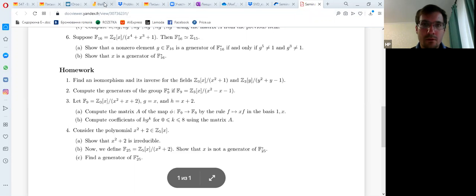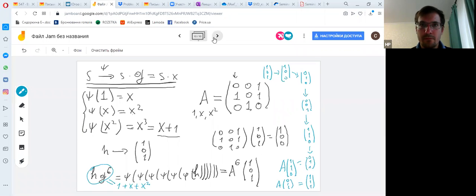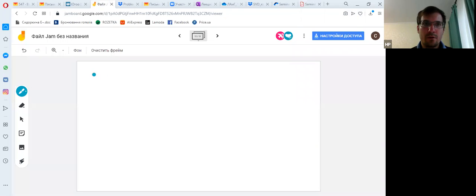Let me give an idea. You have F16, and you have F16 with star. This is the group of all non-zero elements with multiplication, and it is isomorphic to Z15.